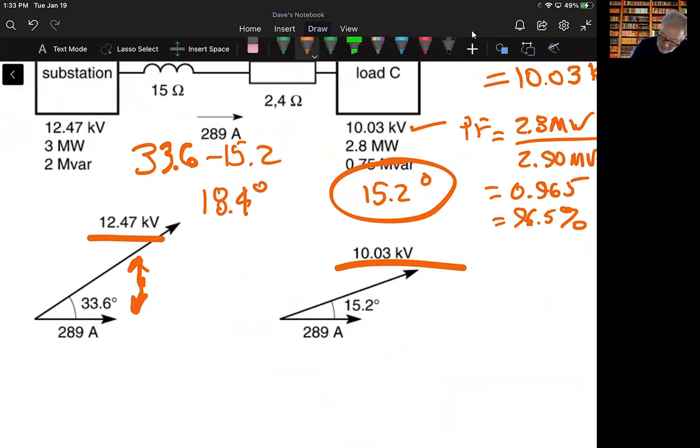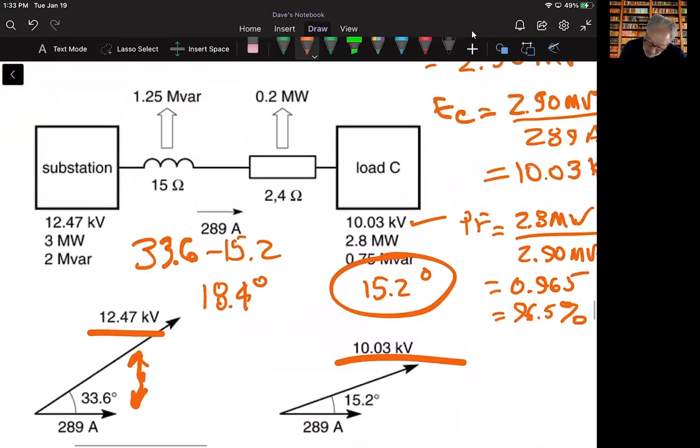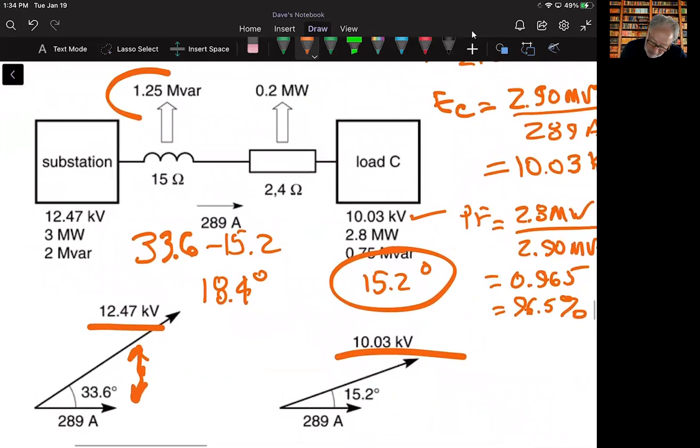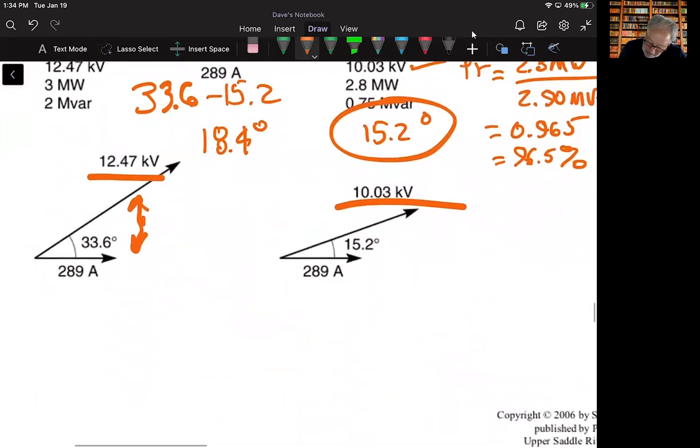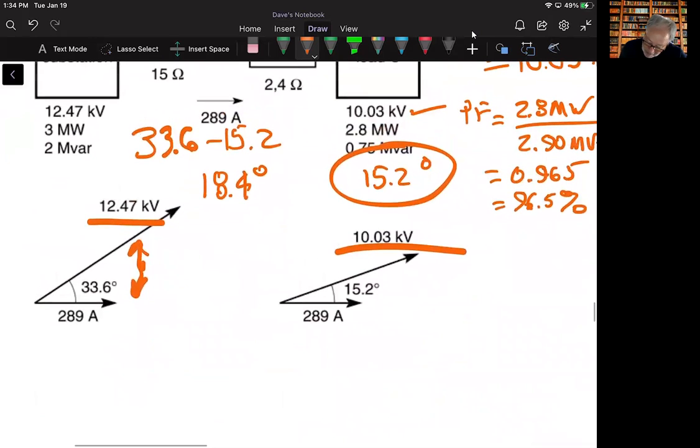Between here and here it is 33.6, but at the load it's 15.2. And what caused that to change? Well, we can see these things that cause that angle to decrease. Of course, the current stays the same since we're talking about a one line, one direction situation here of 289 amps.